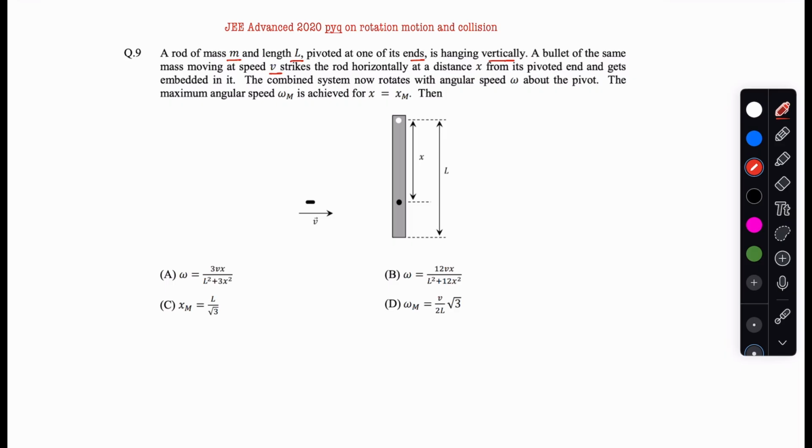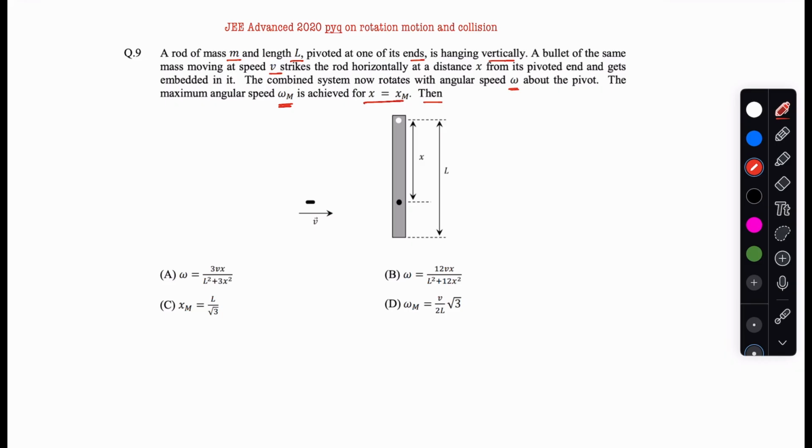The combined system now rotates with angular speed omega about the pivoted point. Then the maximum angular velocity omega m is achieved at x equals xm. So then we just need to check out these correct options.